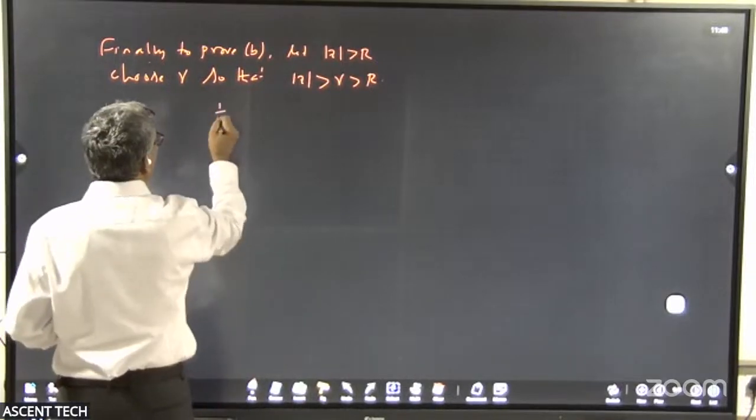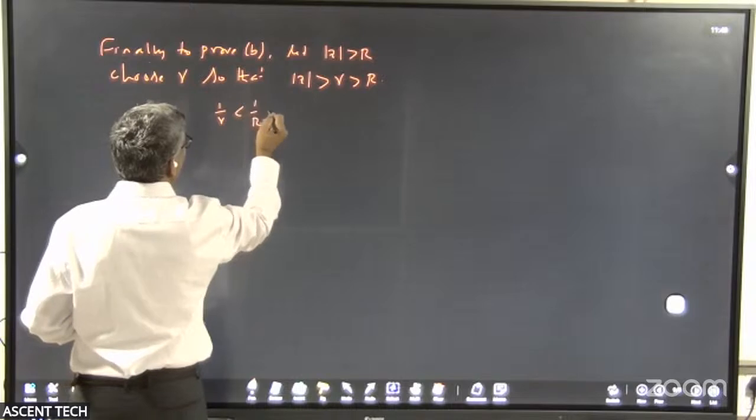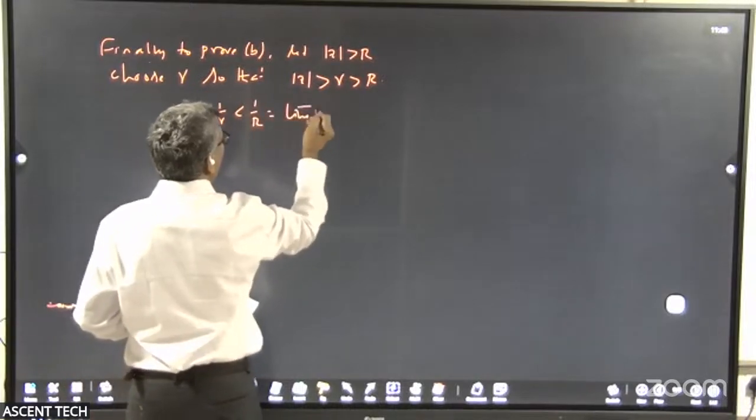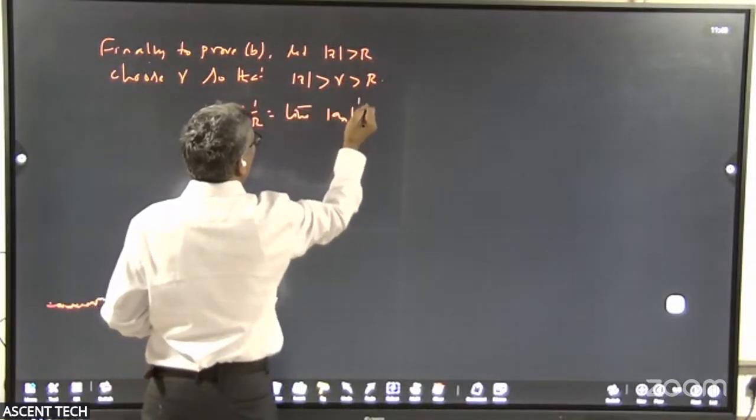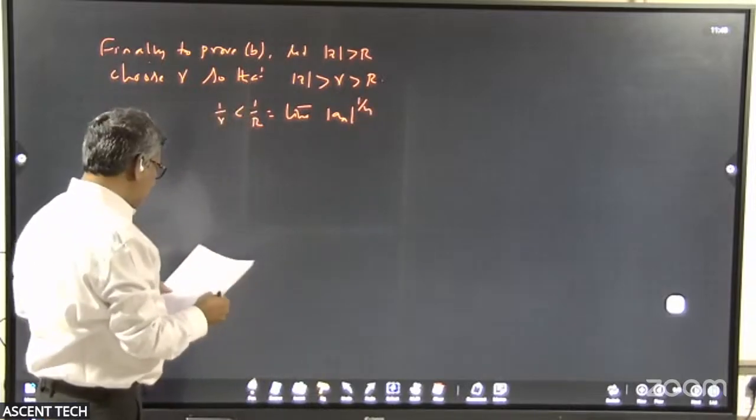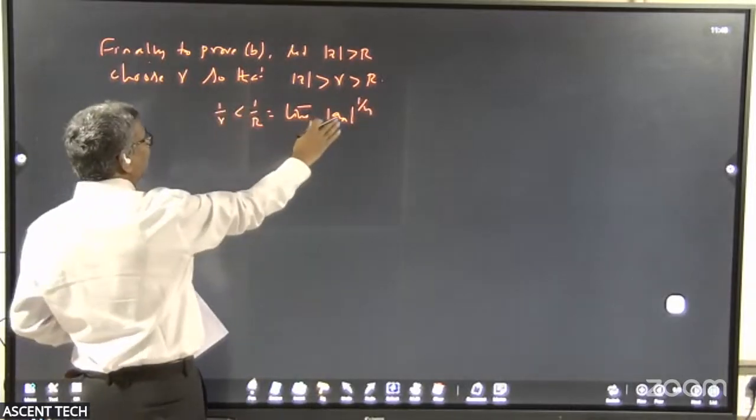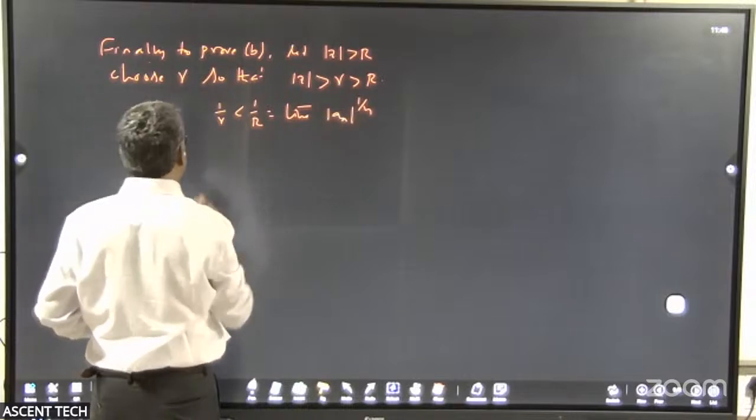Now again 1 by r is less than 1 by r, and this is the limit supremum of mod an to the 1 by n. Now you see that therefore infinitely many times the an to the 1 by n will be crossing this.